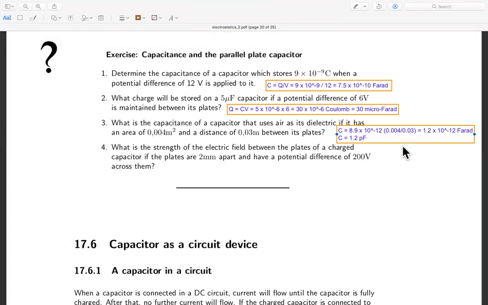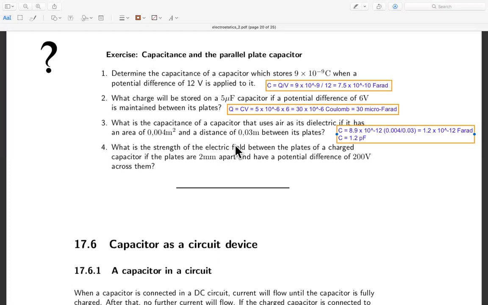Okay, one more number. What is the strength of the electric field between the plates of a charged capacitor? The plates are 2 millimeter apart and have a potential difference of 200 volt.